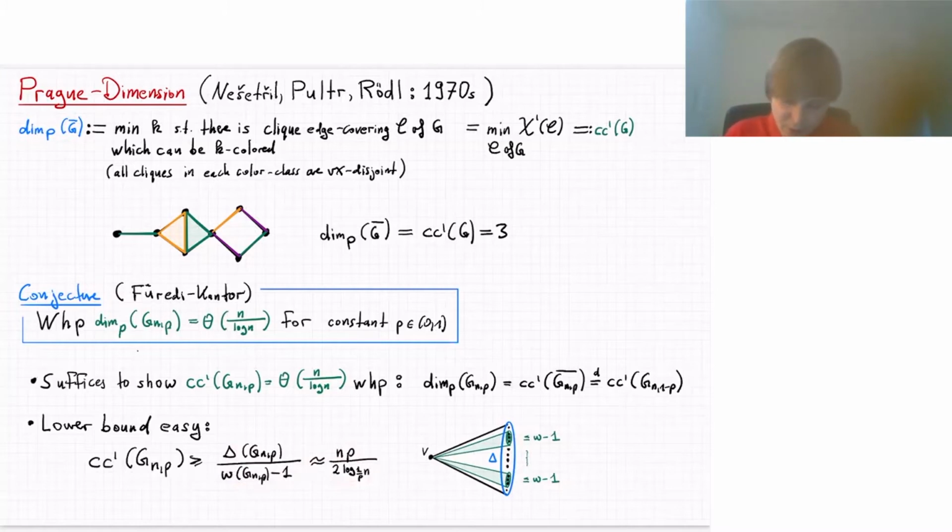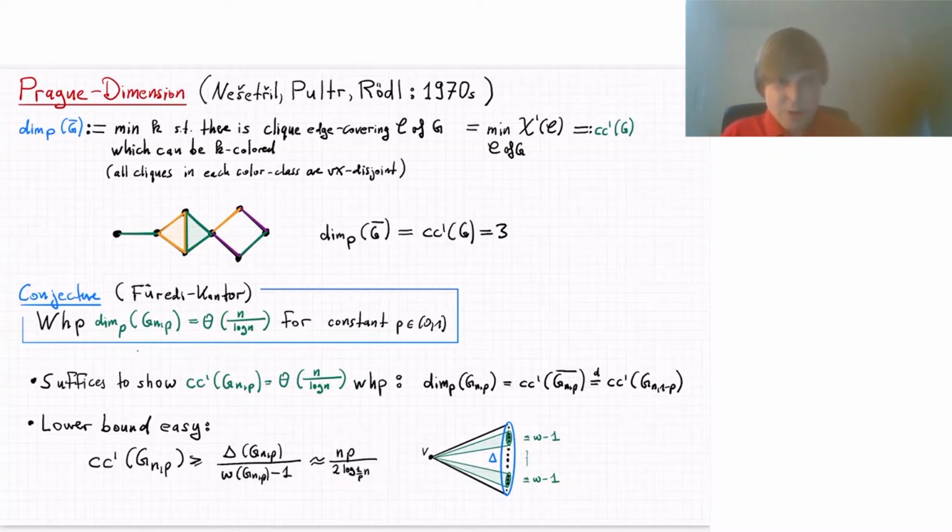And for constant p, this exactly reduces to np divided by log n. I should mention that in fact, this lower bound, even if p tends to 1, is qualitatively, up to constant factors, best possible. But for this talk, the main focus is on constant p. Okay, so let's maybe.